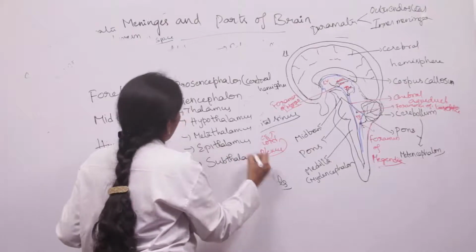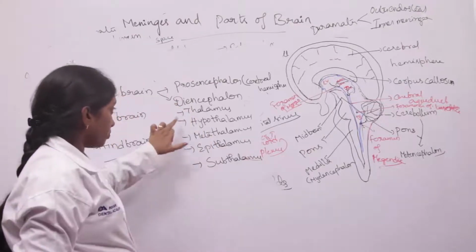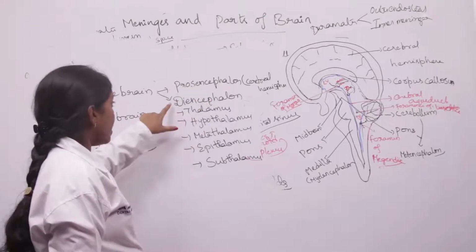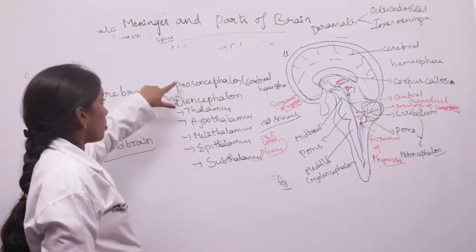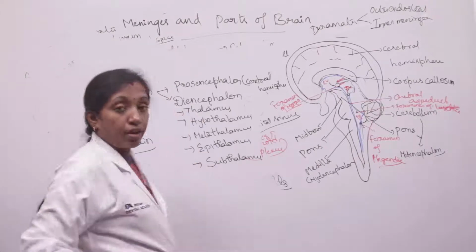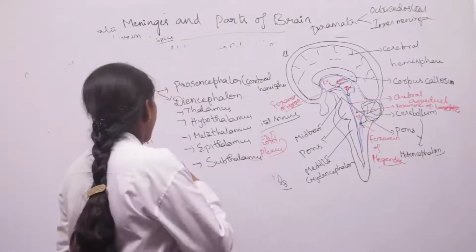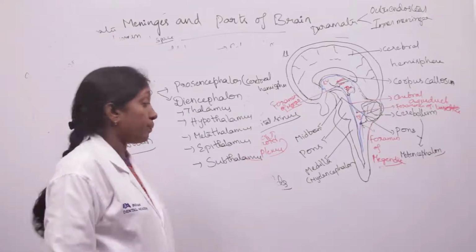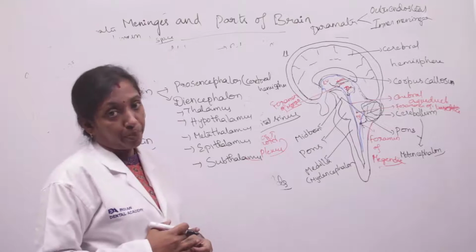These constitute the diencephalon. So the forebrain consists of prosencephalon as well as diencephalon. The prosencephalon consists of cerebral hemispheres and the area in front of the interventricular foramen, and the diencephalon includes the thalamus, hypothalamus, metathalamus, epithalamus and subthalamus.